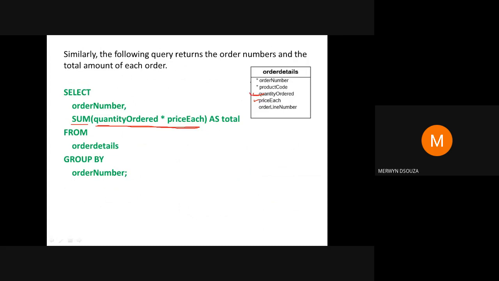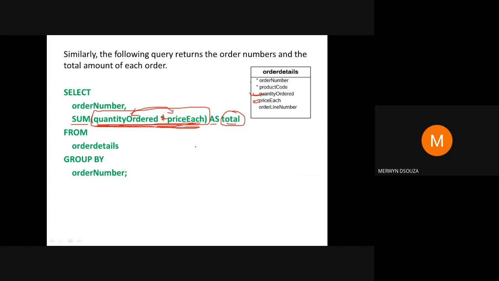We are multiplying these two columns and finding the sum of the two, and then we are displaying that as total. This column name will be replaced with the alias total.